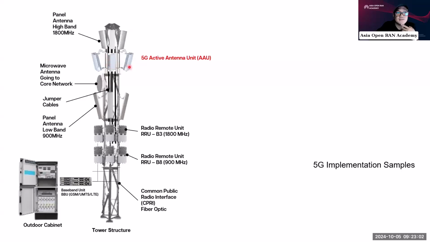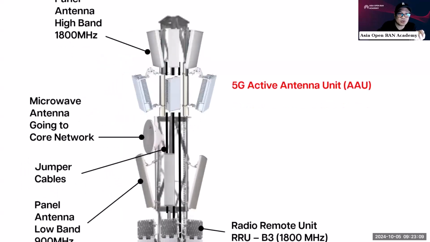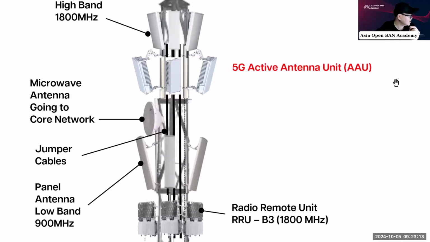So meaning this one is a form factor of a radio and antenna in one. So just imagine this equipment. These are the massive MIMO antenna. You know? So imagine itong dalawang to, the antenna and the radio unit are combined into one form factor. And that is called the 5G massive MIMO antenna.